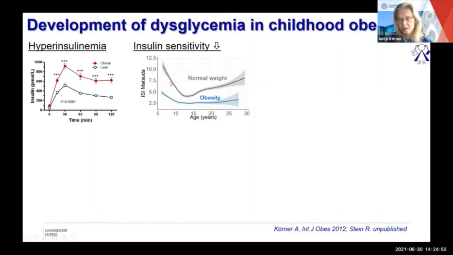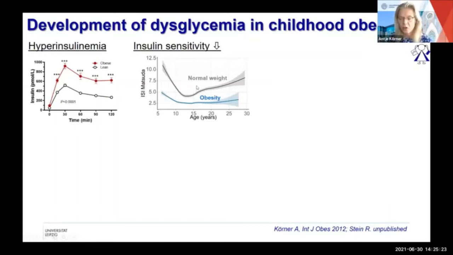You see that decline in puberty, and actually the rise in sensitivity occurs later than we may have thought before. But I think even more importantly, you see that the insulin sensitivity is already impaired at a very young age. So you see here at 6-7 years of age. This is not that obesity had been going on for 20 years, but you see that there's obviously something going on very early.